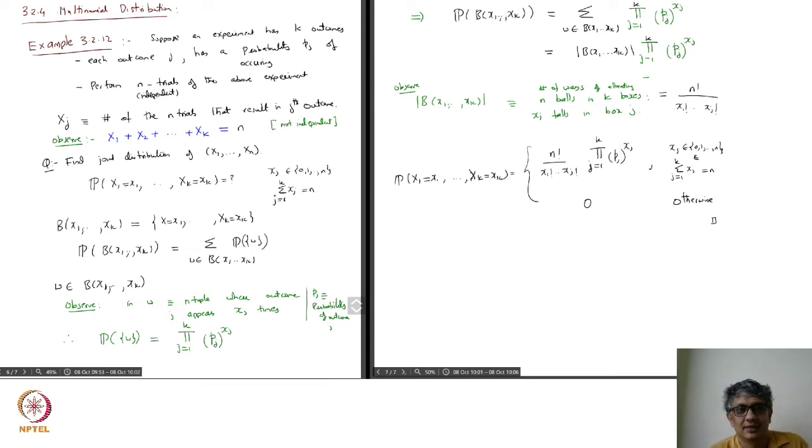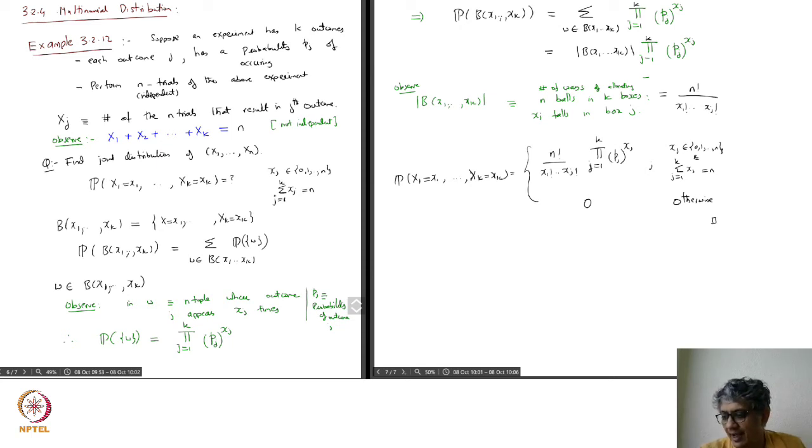That is, I start off with the experiment. They have k outcomes. I perform n independent trials. I'm interested in the type of each outcome in each trial. So the way I do it is I just count the number of times an outcome j appears, right?